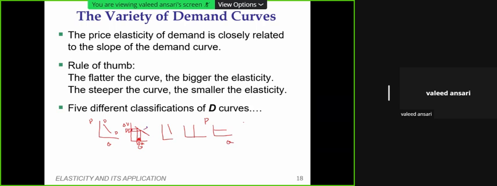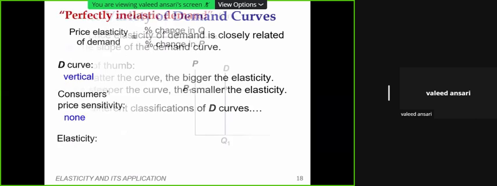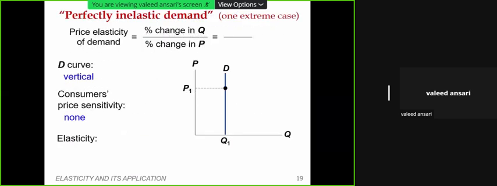So if a demand curve is flatter, let us take this curve and it will become clear. P and Q. For example, this is the quantity demanded. Let us say a price change is there.